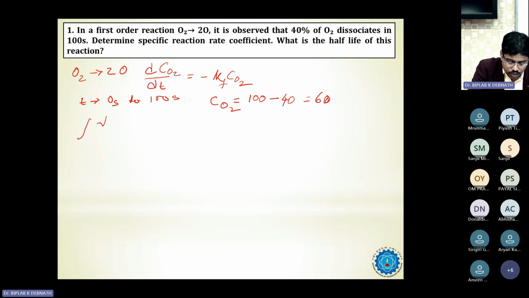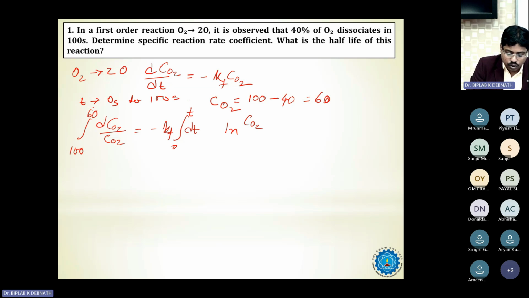So integration of dC O2 divided by C O2 should be equal to minus Kf into integration of dt. From there, if we do the integration, we can write ln of C O2. What is the limit? Time is 0 to t, and the concentration initially started at 100 but finished at 60.